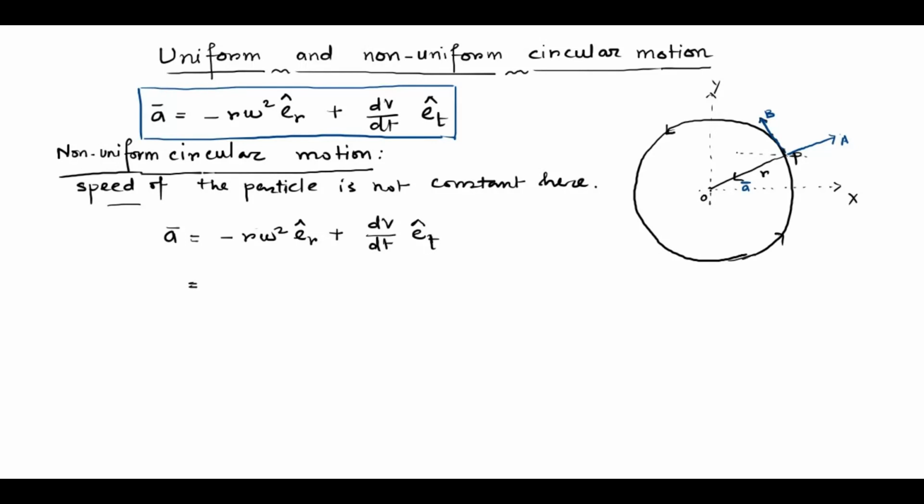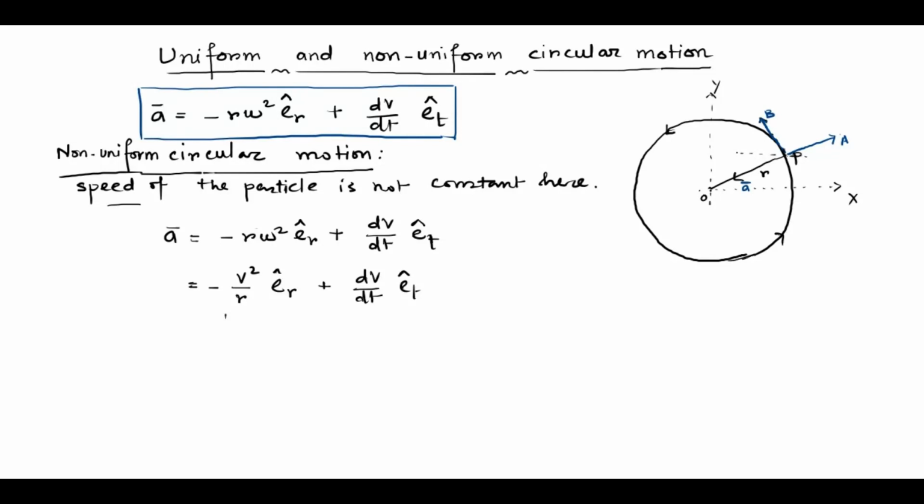In another sense, r omega square is v square by r, so minus v square by r e_r plus dv by dt e_t.